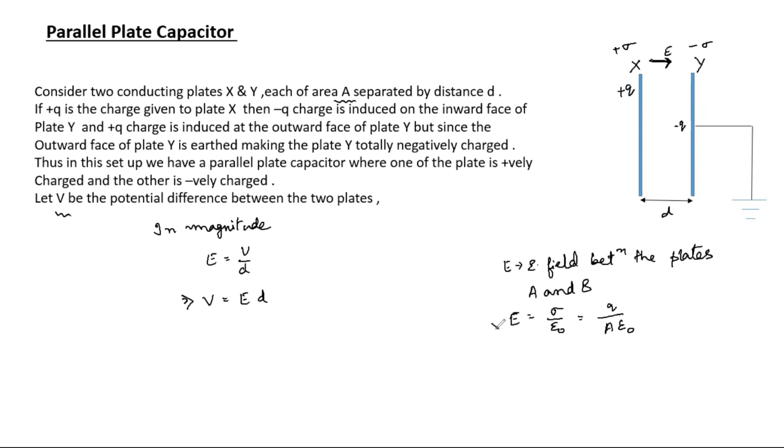This same electric field value you will replace here, so the electric potential V is sigma by epsilon naught times d, which we can call equation number 1. Now, using this electric potential value, you should be able to find the capacitance of this capacitor. Now, I erase all this.